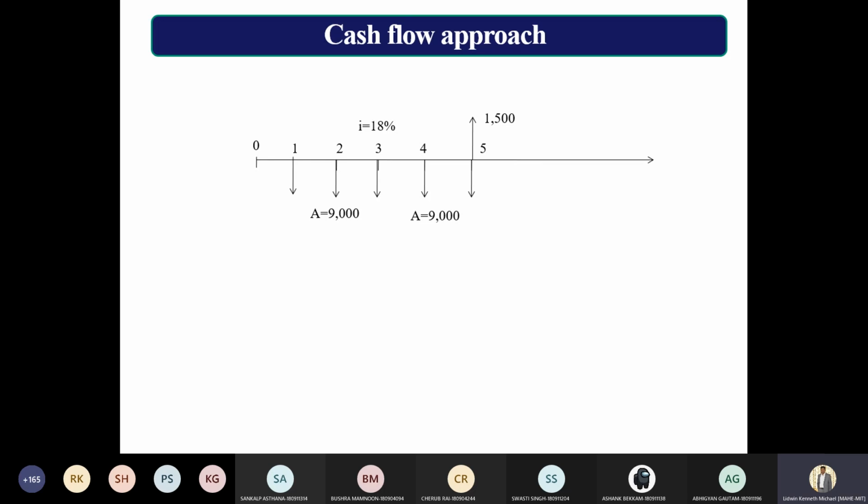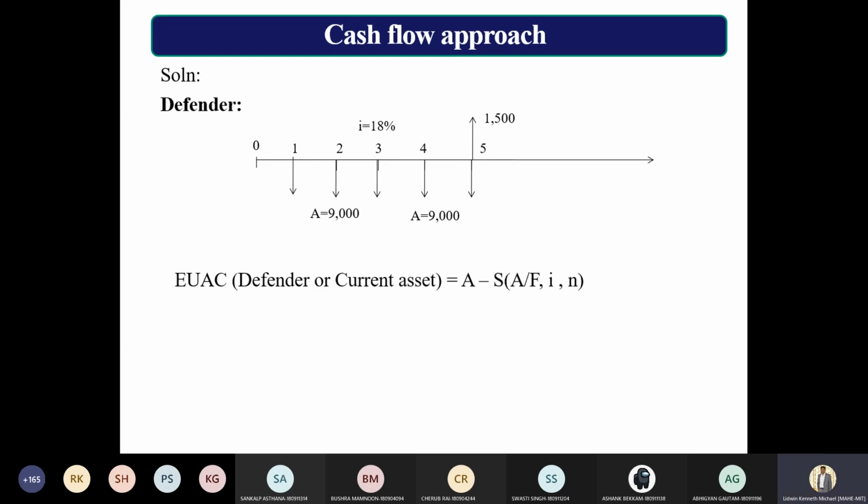Your equivalent annual worth will be 9,000 minus 1,500 A/F, 18%, 5. What you get over here is 8,790.33. This is the cost of the defender.